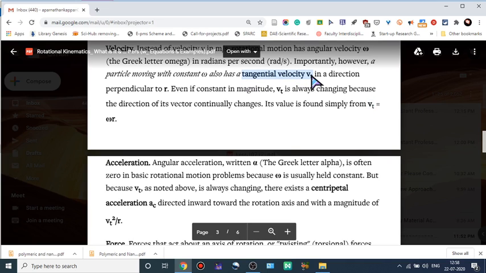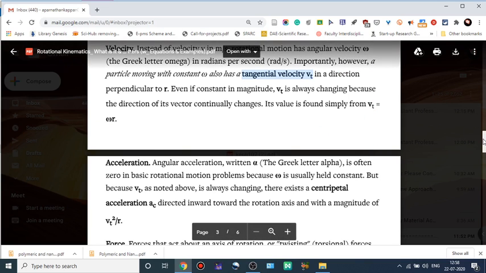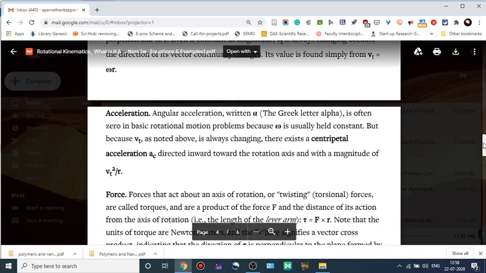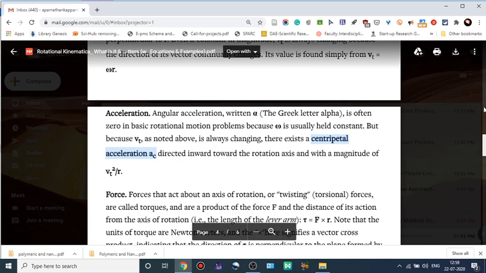Tangential velocity is simply omega into r. And acceleration becomes angular acceleration, denoted by alpha. There is also the concept of centripetal acceleration.